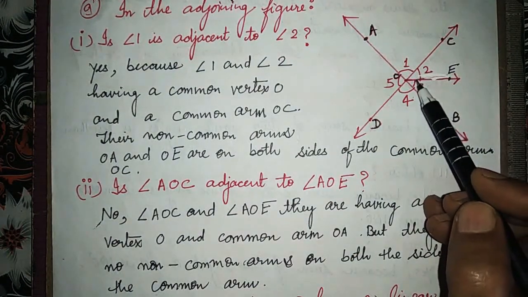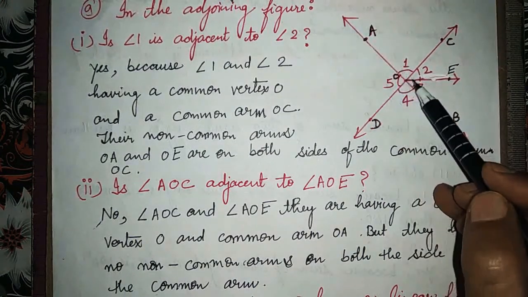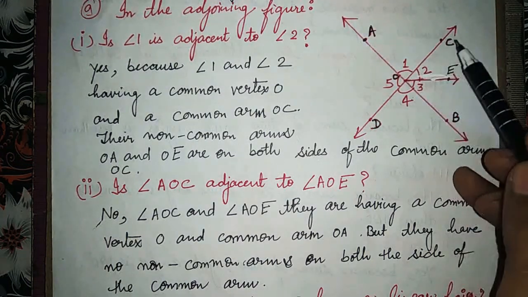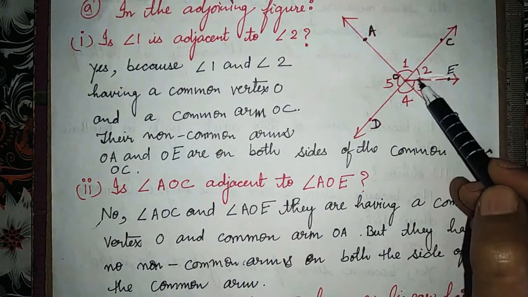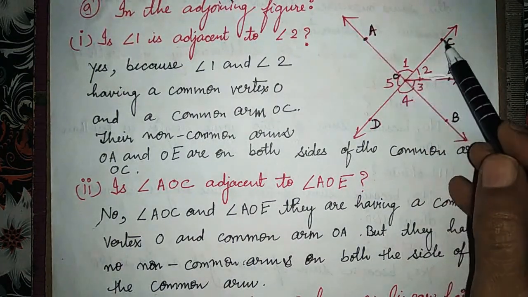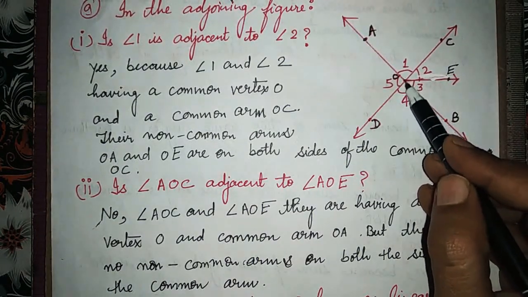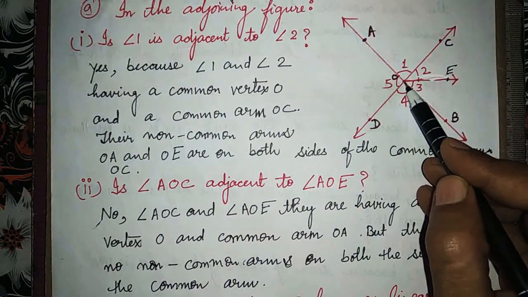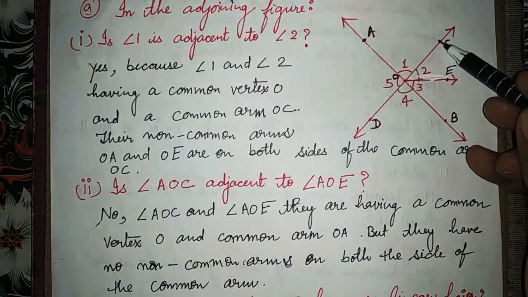So students, here you see angle 1 and angle 2. Angle AOC is angle 1 and angle COE is angle 2. Here they have a common vertex O, and you can see a common arm OC also.